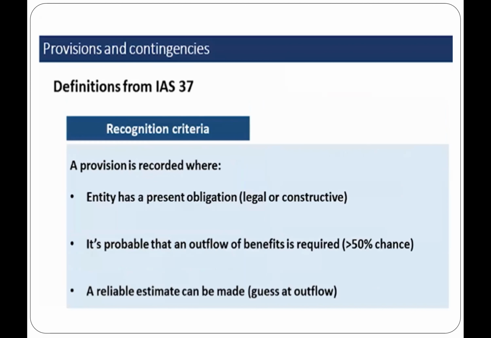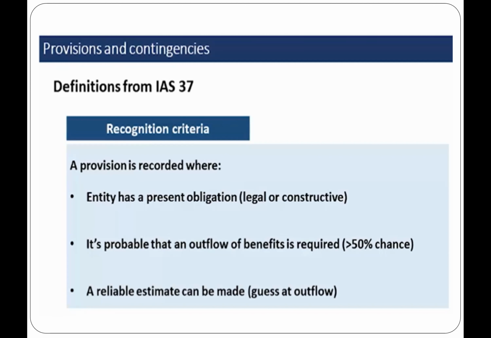We create a provision, firstly, where an entity has an obligation, because we are saying a provision is some form of a liability, which means a provision must first satisfy the definition of a liability, which is a present obligation as a result of a past event from which cash flows are expected to flow. So an entity must have an obligation first for us to create the provision.